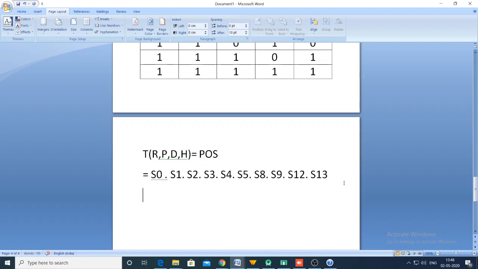So now let us prepare the respective sum term for each term that has occurred in the POS expression.